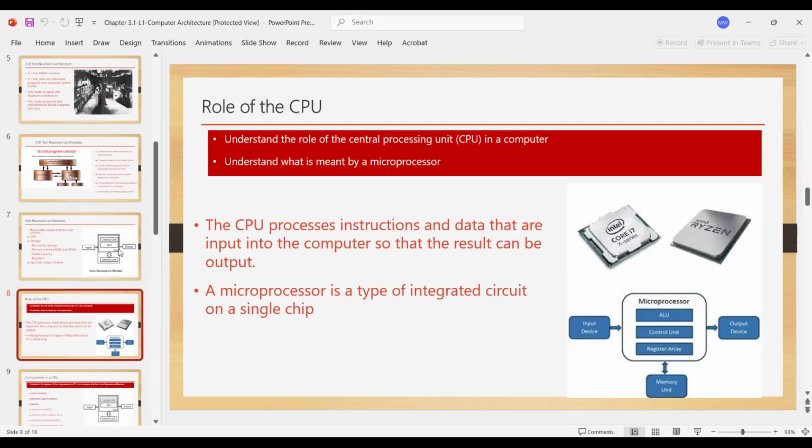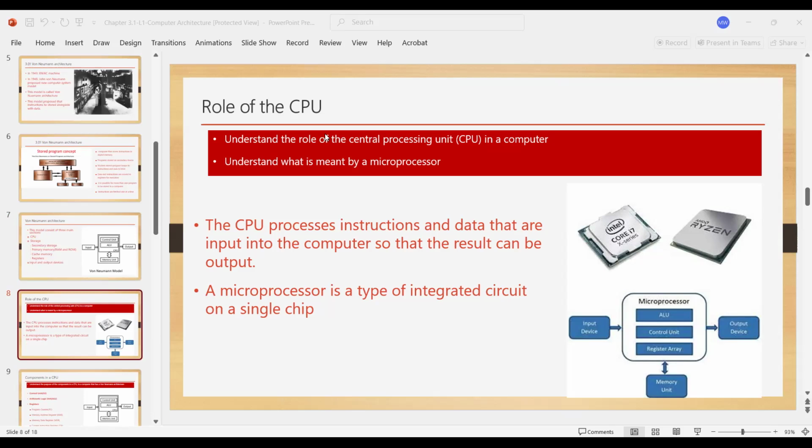Okay, so now we are moving on to the role of the CPU, right? Our syllabus says that we need to understand the role of a central processing unit in a computer. What is the role of that, or what is meant by the microprocessor?